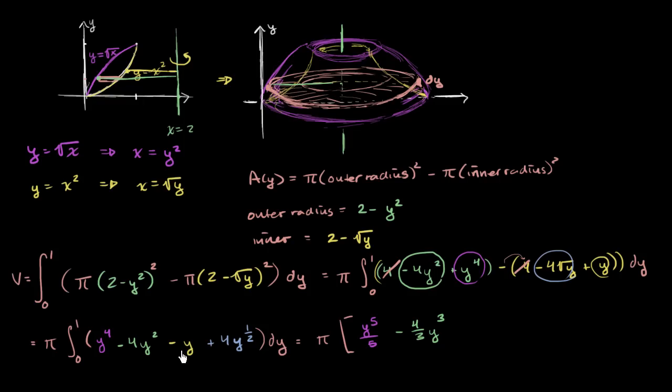The antiderivative of negative y is negative y squared over 2. And then the antiderivative of 4y to the 1/2, we're going to increment: it's going to be y to the 3/2 multiplied by 2/3, so we get plus 8/3 y to the 3/2. That all works out. And we're going to evaluate this at 1 and at 0.